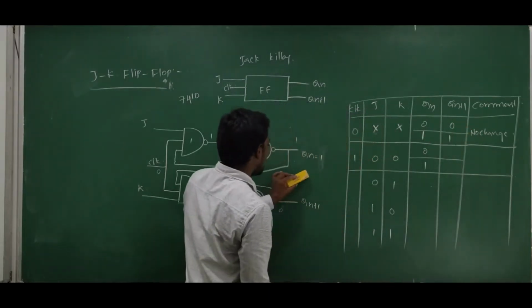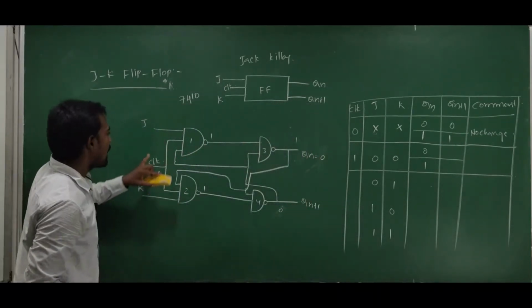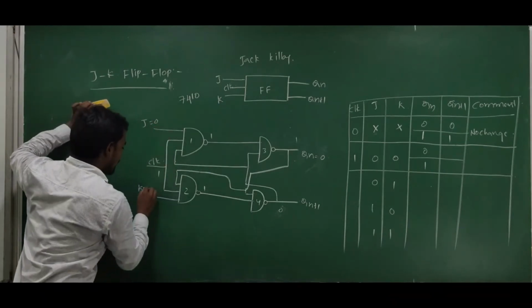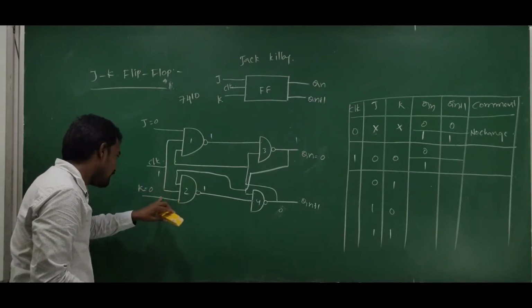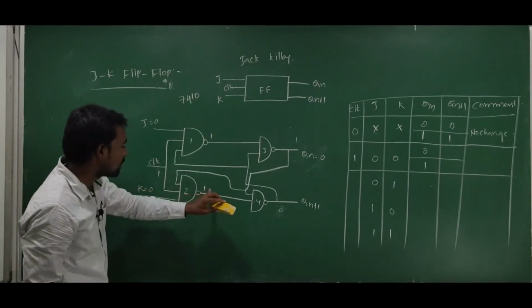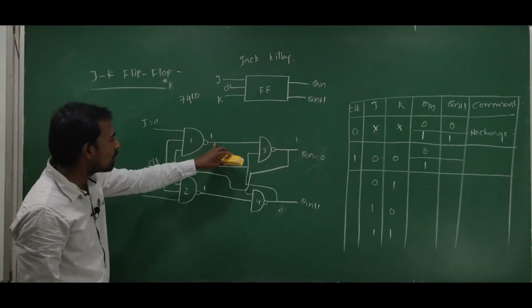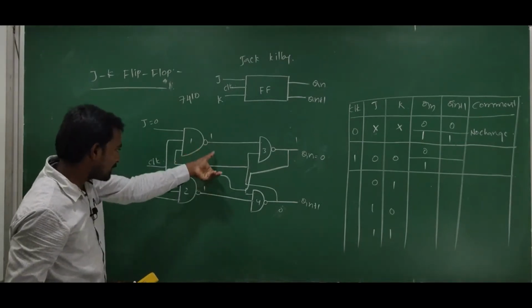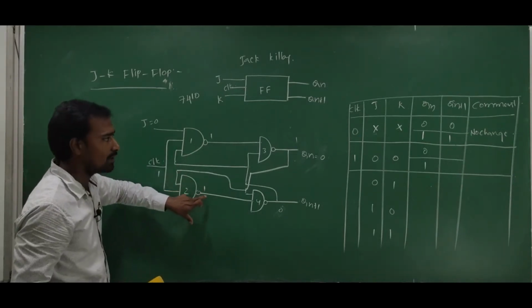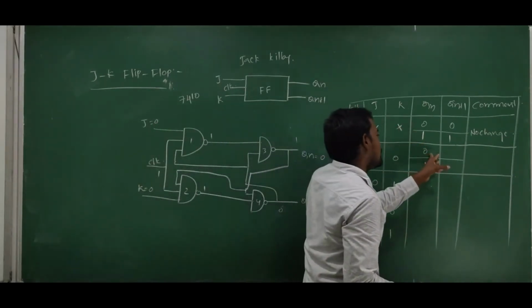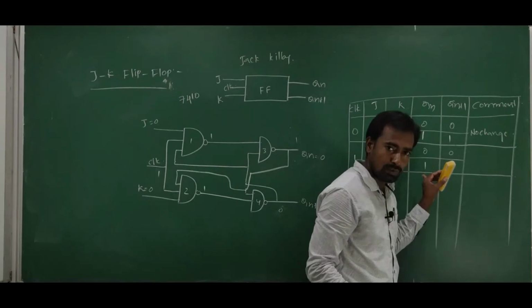Take Qn equal to 0 and the clock signal equal to 1, with J equal to 0 as well as K equal to 0. 0 into anything is equal to 0, 0 complement 1, and again 0 into anything is 0, 0 complement 1. In the previous state the output is the same 1, and the second NAND gate is also 1. So that's why here if Qn is equal to 0, we will get the output equal to 0, and if Qn is equal to 1, we will get the output equal to 1.